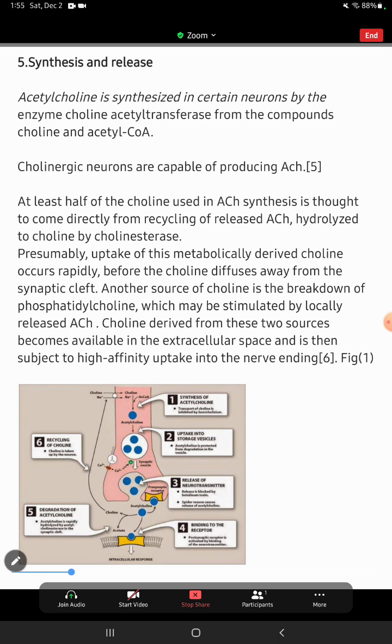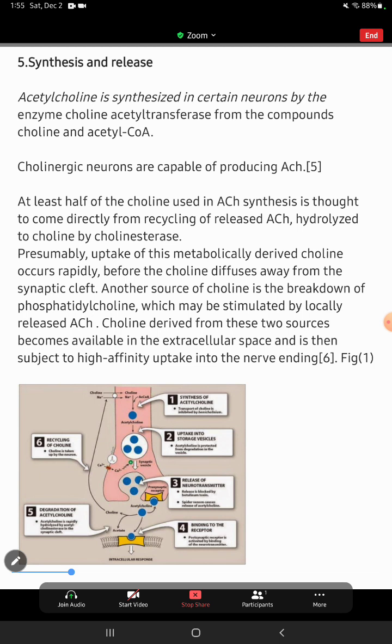At least half of the choline used in ACh synthesis is thought to come directly from the cycling of released ACh. Presumably, uptake of this metabolically derived choline occurs rapidly before the choline diffuses away from the synaptic cleft.